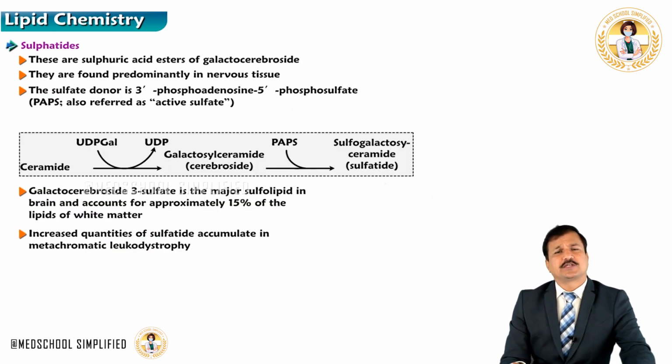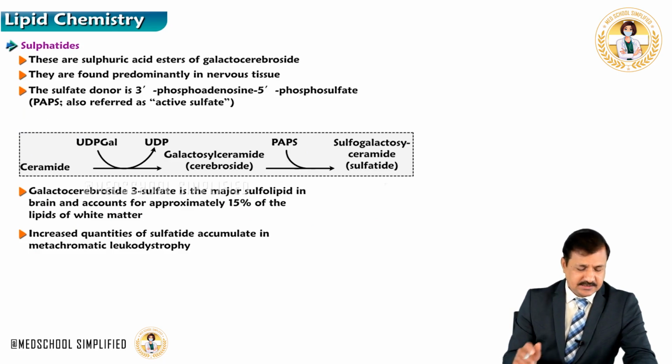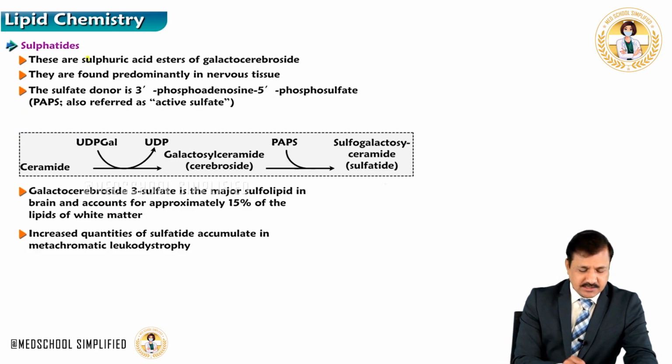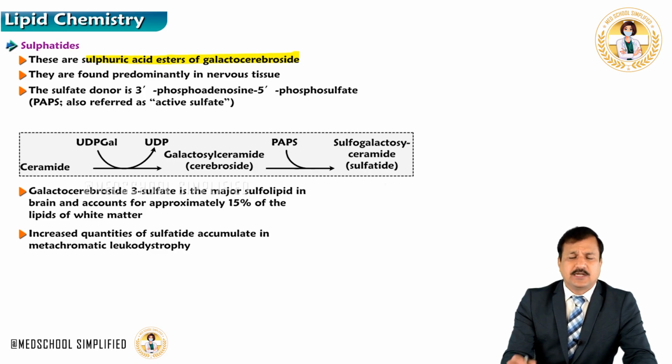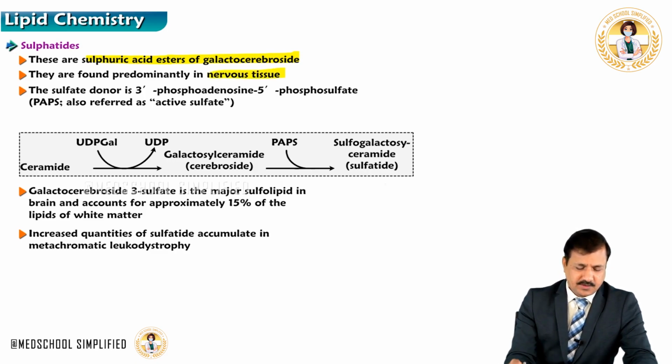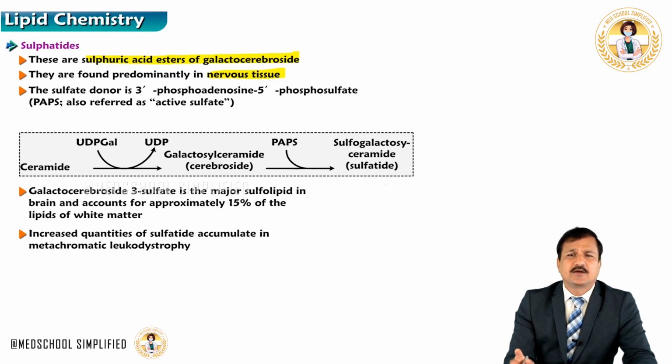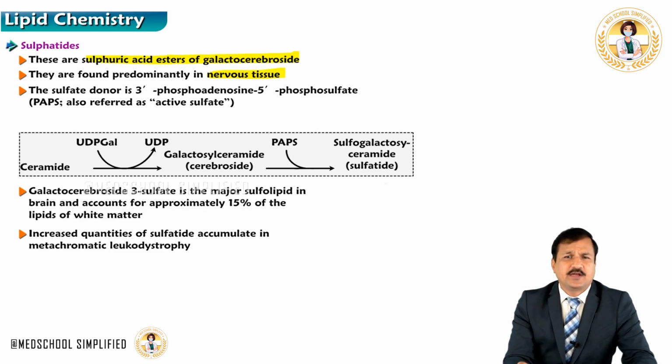Now let's move on to see what sulfatides are. Sulfatides are sulfuric acid esters of galactocerebroside. And sulfatides are found predominantly in the nervous tissue. The sulfate donor in sulfatide formation is the storage form of sulfate in our cells, and that is PAPS.